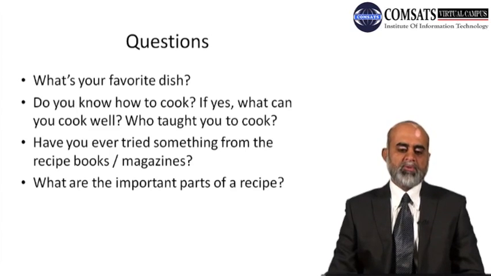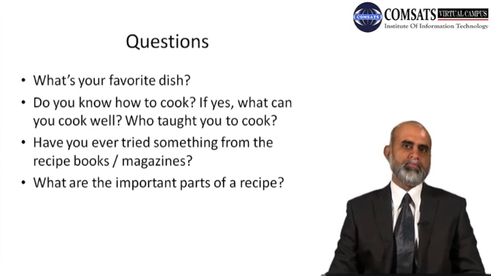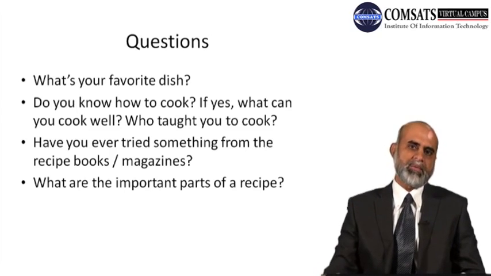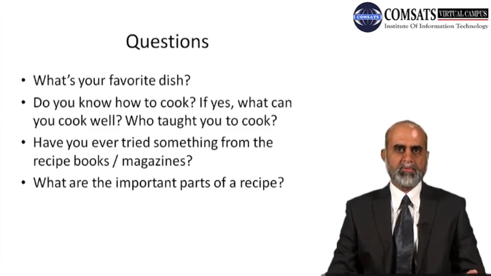Okay, the last question is, what are the important parts of a recipe? This you must be able to answer, because you remember when we were doing process writing, when we were learning that a process involves a series of steps. And we learnt that a recipe is actually one kind of process of cooking something.